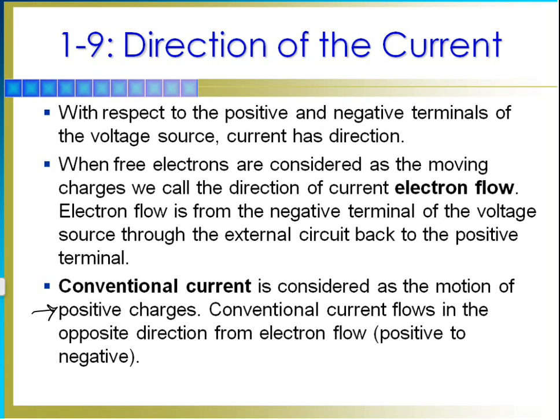So it flows the opposite way, and that is also the way most schematics are drawn out these days, where you'll have an input, some outputs, and it'll usually end up in ground. And they consider current flowing that direction toward ground. So positive to negative.